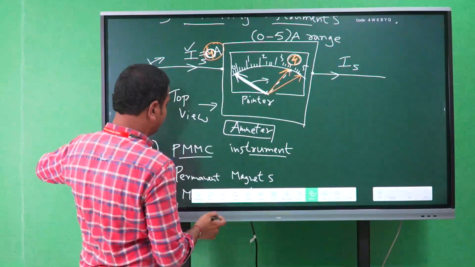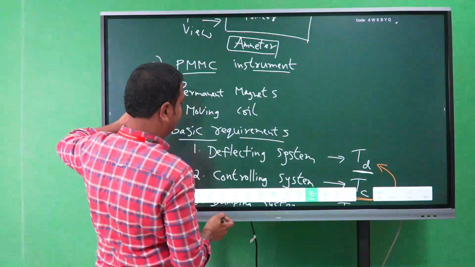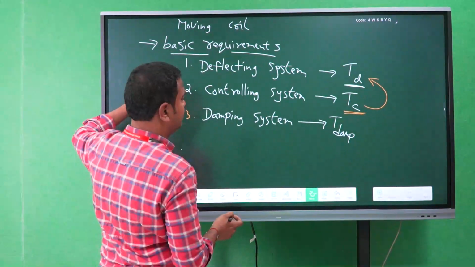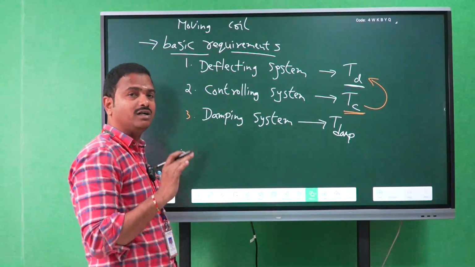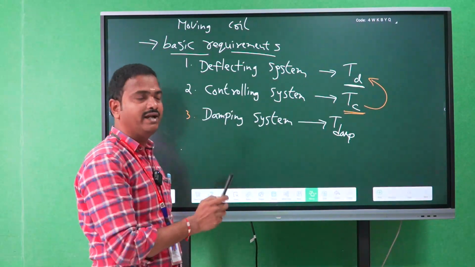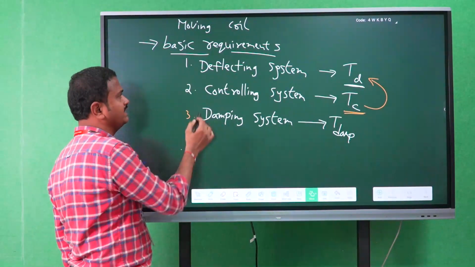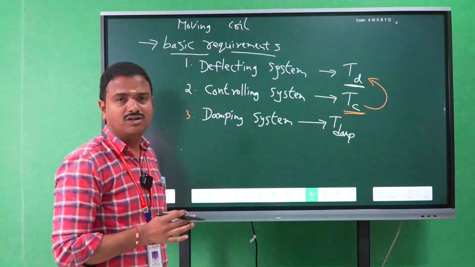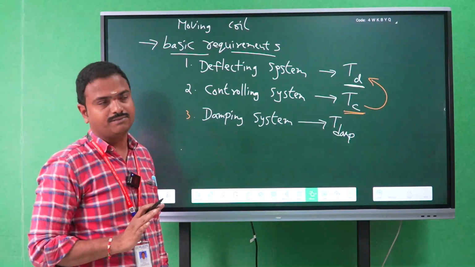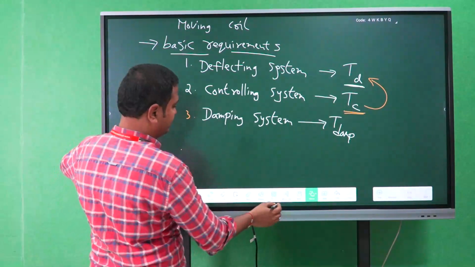Clear? For that we need a damping force or damping torque. Damping torque minimizes the oscillations made by the pointer at its final position. So these three are the basic requirements for the construction of any indicating instrument. Clear?